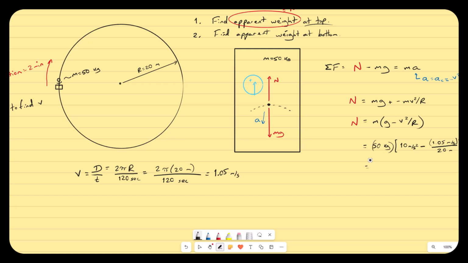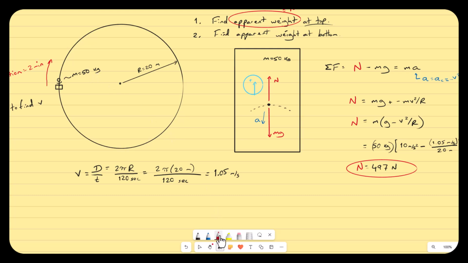And I get a normal force, or an apparent weight at the top, of 497 newtons. On flat ground, with a mass of 50 kilograms, I would have a weight of 500 newtons, so I feel a little bit lighter at the top.